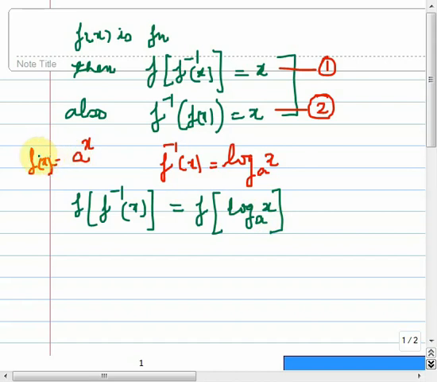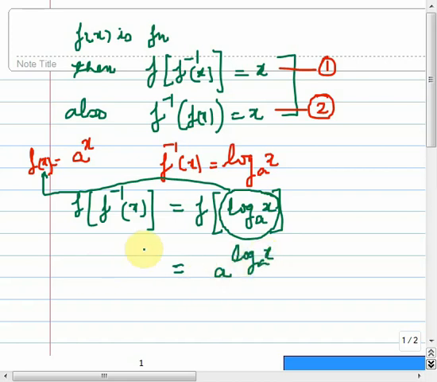Now this is f(x). We just replace x by log x to the base a in this equation, and we get a to the power log x to the base a.